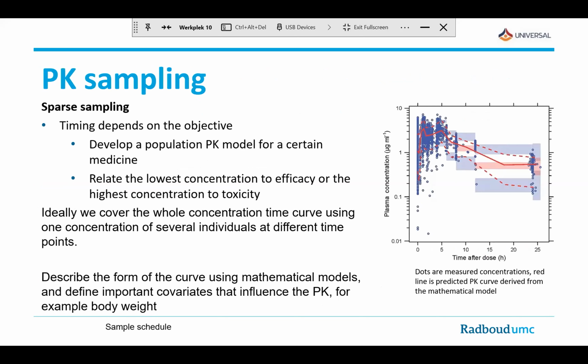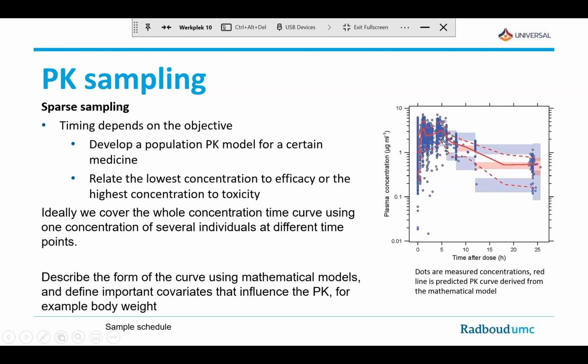I'm also going to talk a little bit about sparse sampling, because probably all of you have heard about it. We've got intensive sampling, so we collect a lot of blood samples from one person on one day, for example, when we give an oral dose. But another thing we can do is collect sparse samples, so only one or two samples from one person, and collect the samples from a whole lot of different persons, and then try to generate the same sort of pharmacokinetic curve as you see on the right-hand side.